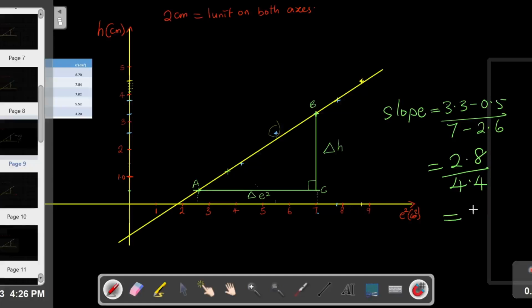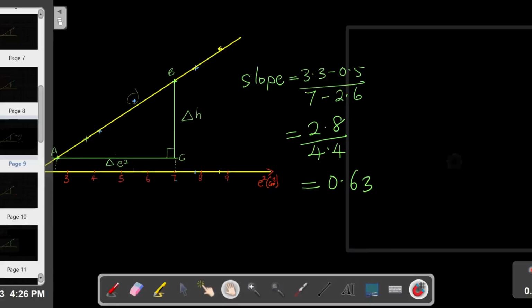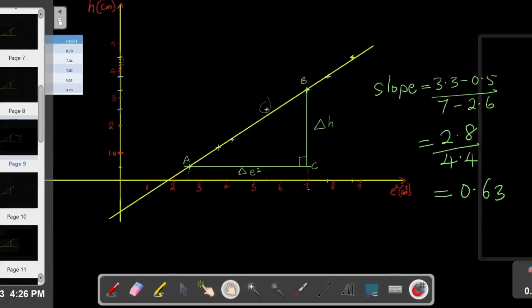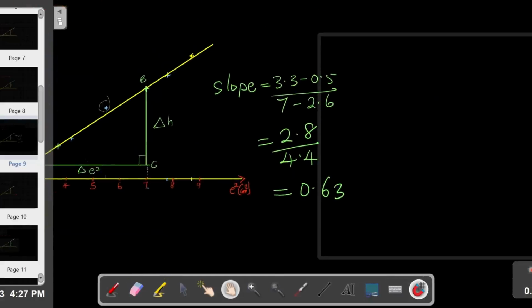So I'm having 0.63. Now remember the slope. We are going to plot the slope. What are we plotting on the vertical? Vertical, we are plotting cm. So this is going to be cm over cm square.